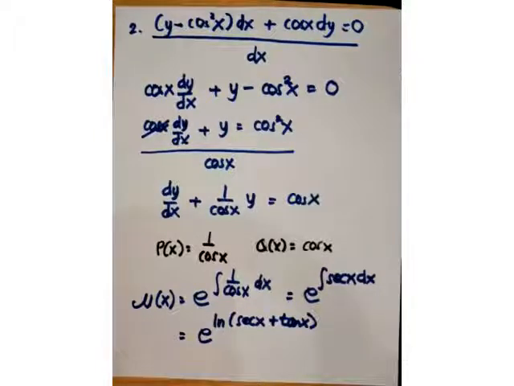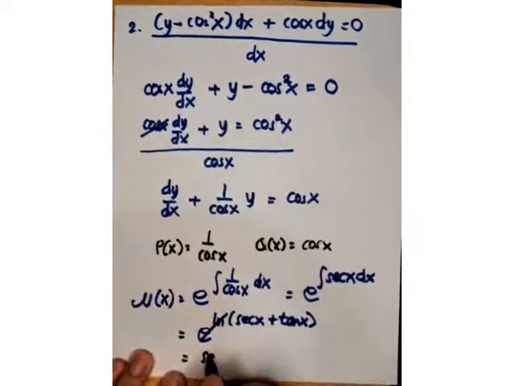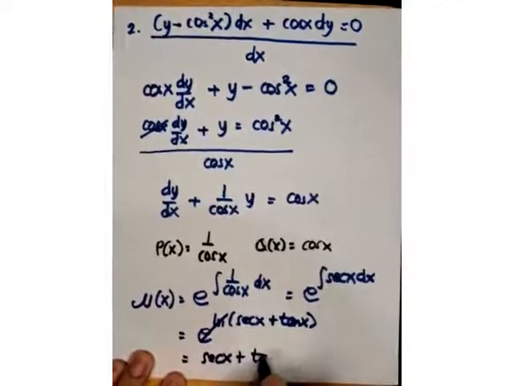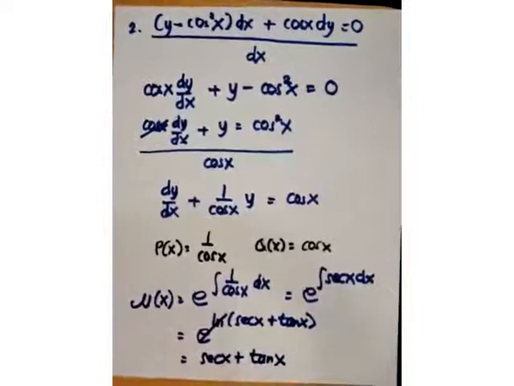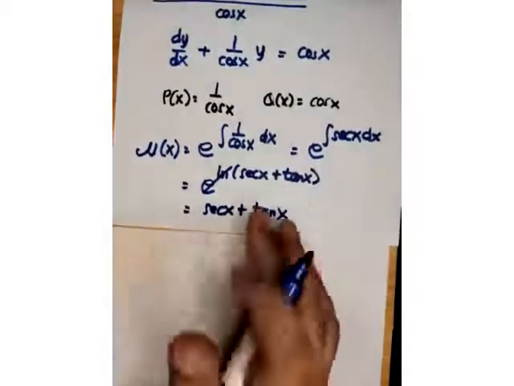Okay? Okay na ba? Okay. So therefore, cancel natin yan. So therefore, we'll only have secant x plus tangent x. Okay, so that is our integrating factor.